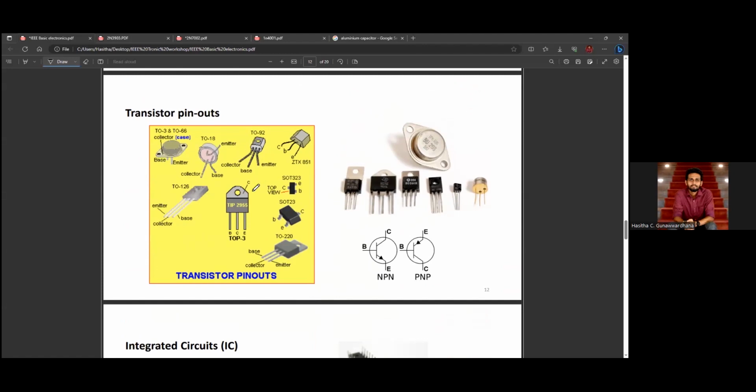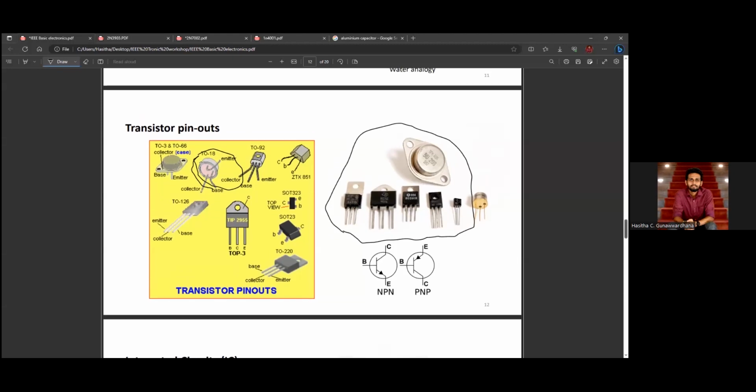You can see various types of transistors. This type of transistor is not around anymore, it is a very old type. We can see this type of transistor now in day to day electronic components.